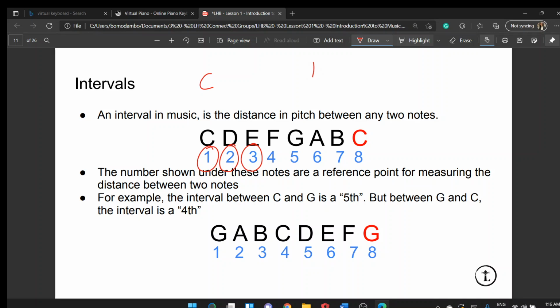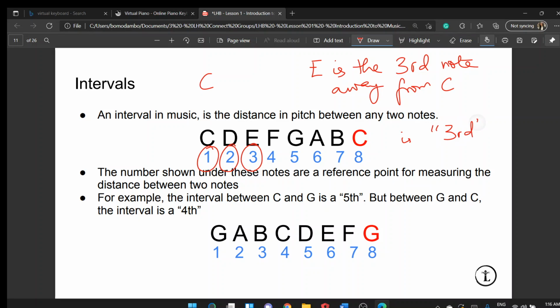E is the third note away from C. So you say the interval is a third. That's how you answer that question. Okay, E is the third.